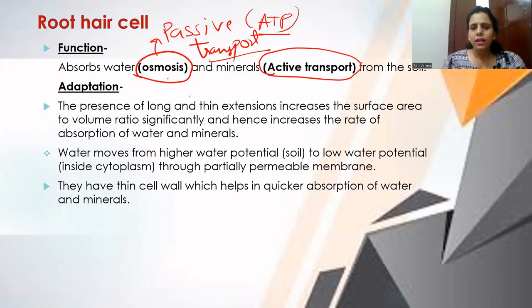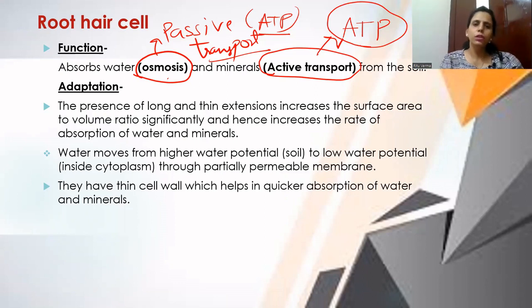And these minerals are absorbed by the process of active transport. It is called active transport because in this process, energy stored in the cells in the form of ATP molecules is utilized, and any substance always moves against the concentration gradient, that is from low concentration to higher concentration. What happens is, this plant is continuously absorbing water, and when it absorbs water, the mineral ions in the water also move inside the plant.